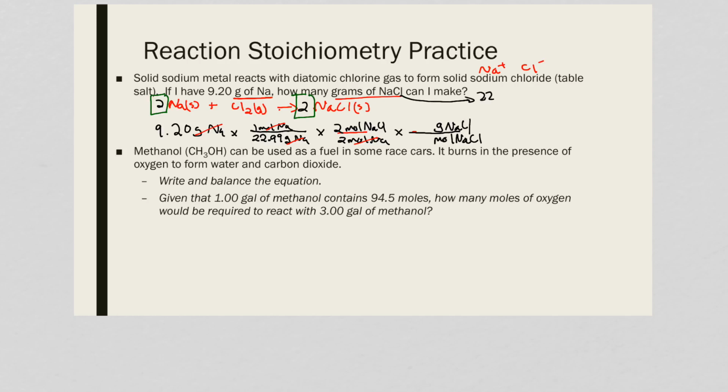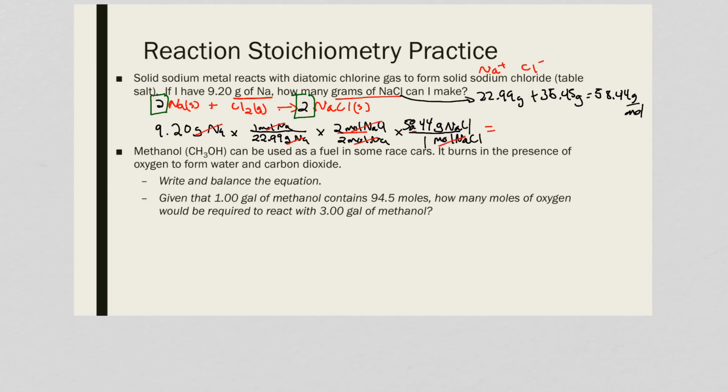So that's 22.99 grams for sodium plus 35.45 grams for chlorine. It's going to be 58.44 grams per mole. So I got 58.44 grams per every 1 mole. My moles of sodium cancel, so my dimensional analysis shows that yes, indeed, I should end up with grams of sodium chloride.